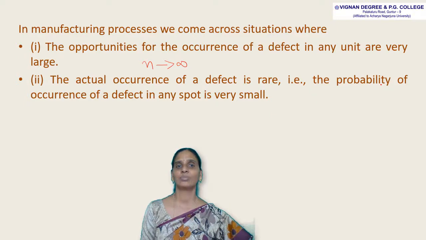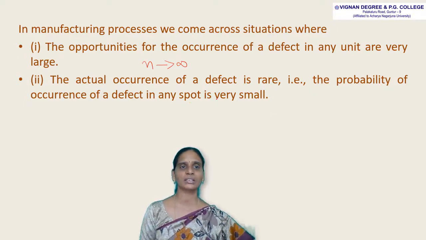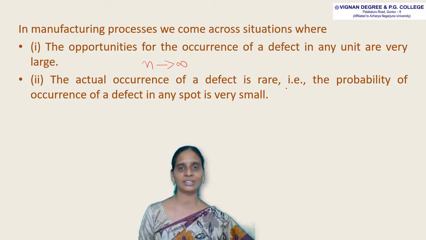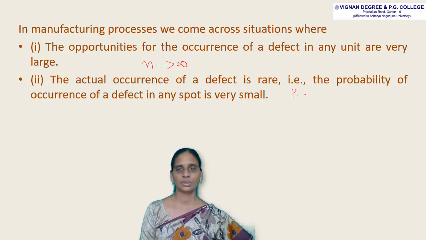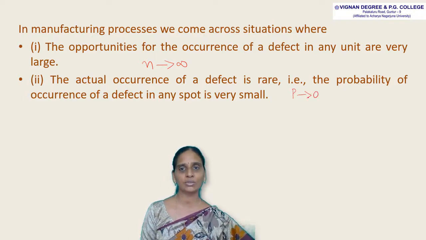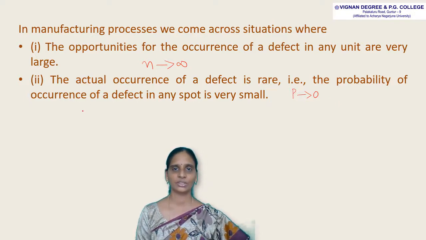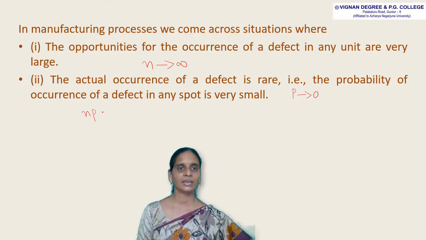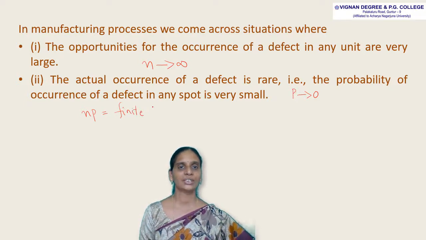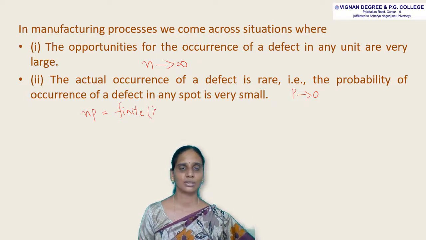That means the probability of occurrence of a defect in any spot is very small. So that means p tends to 0. n tends to infinity, p tends to 0 such that np value is some finite value. So here the finite value can be denoted by the parameter lambda.